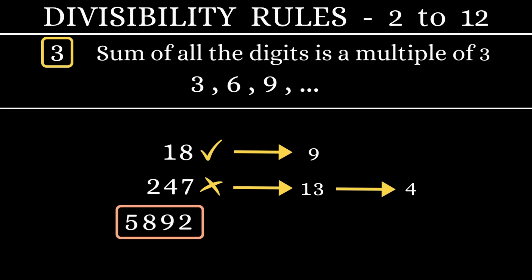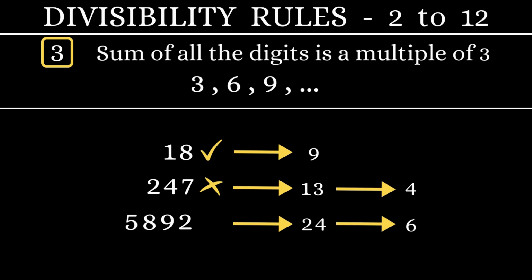The next question is for you to solve. Pause and calculate. The sum of the digits is 24. Adding the digits of 24 again is 6, which is a multiple of 3.